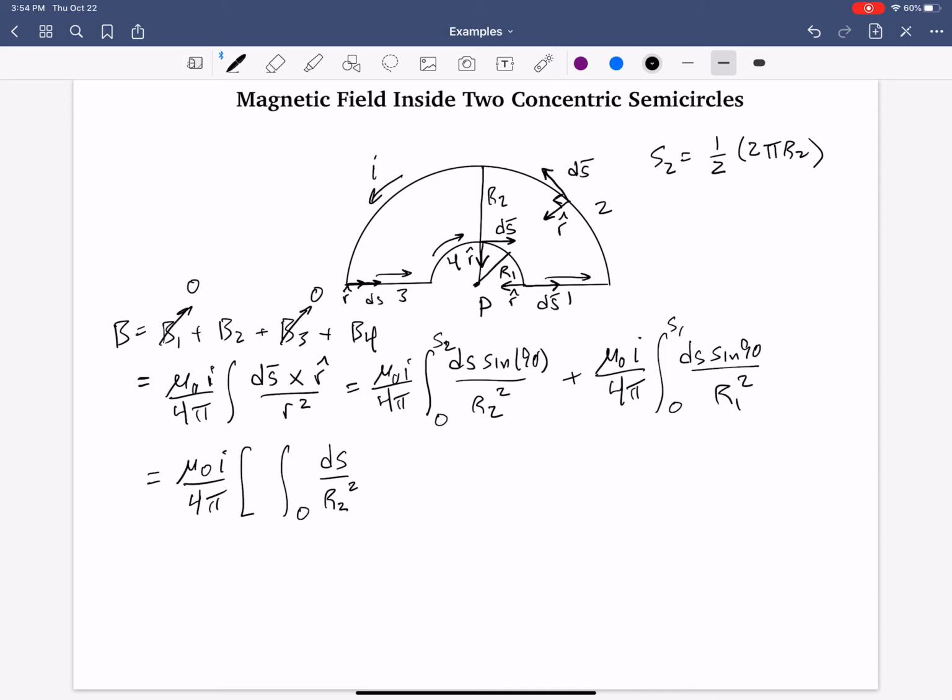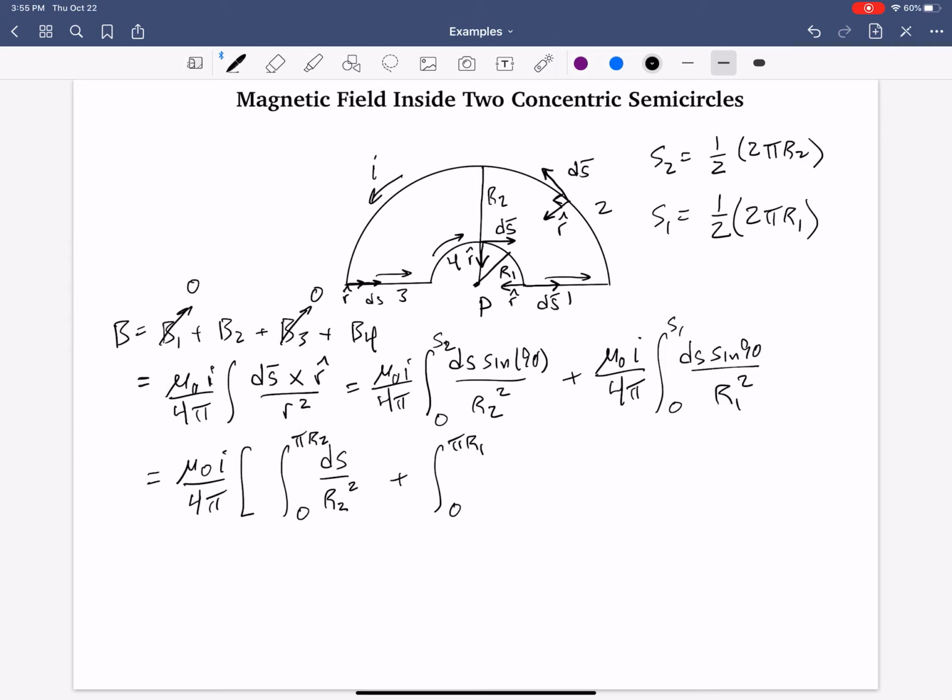So we have 2 pi r2 over two, so therefore it's just pi times r2. Right? That's our upper limit. And then plus the integral from 0 to, similarly for S1, it's half of 2 pi r1. So this is pi r1, right?